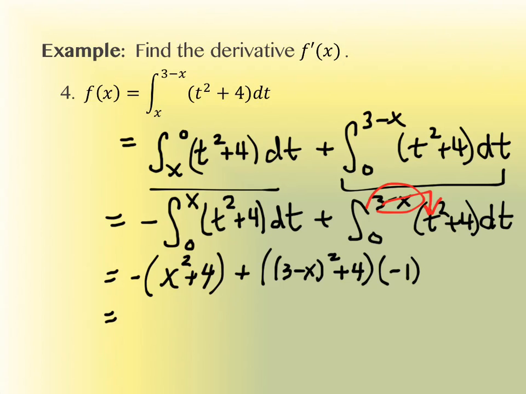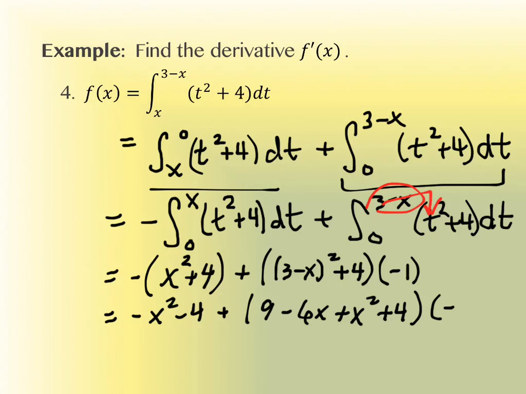What's remaining on this problem then is to simplify. So we're going to multiply this out, simplify what we've got. I've got negative x squared minus 4. The piece here that's in parentheses has to be squared, like foiled out. So this is actually 9 minus the 6x, then plus the x squared, plus the 4 that was there, and then it's times negative 1, so we have to distribute that negative.